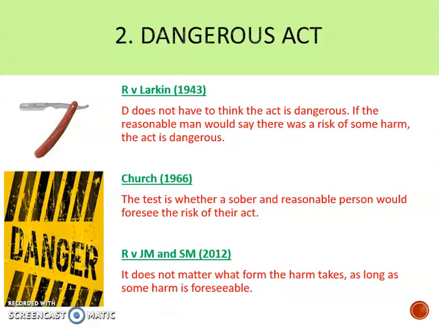The second requirement for proving UAM is that the act was dangerous. Now, a key case to look at here is Larkin. I remember this case because I think he was larking about with a cutthroat razor. And what happened here was Larkin found out that his girlfriend was cheating on him. And he was threatening the girlfriend and her new partner with a cutthroat razor.